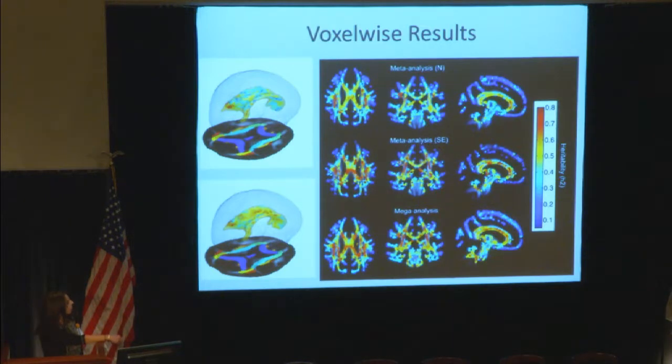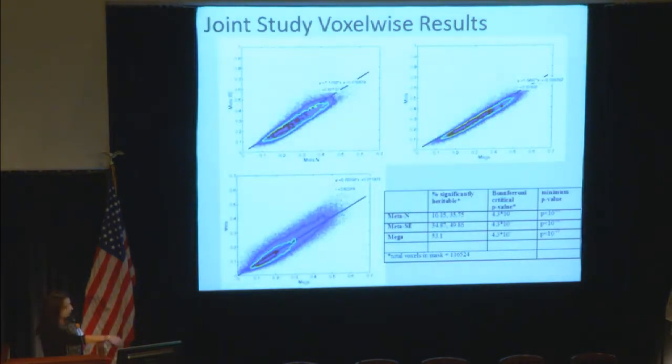And we can see this more in detail when we look at the regions of interest. But when we plot the voxels of one method versus the voxels in the other, and this is the heritability values that I'm plotting, you can see this plot right here is the one weighted by the number of subjects on the x-axis and the one weighted by standard error on the y-axis.